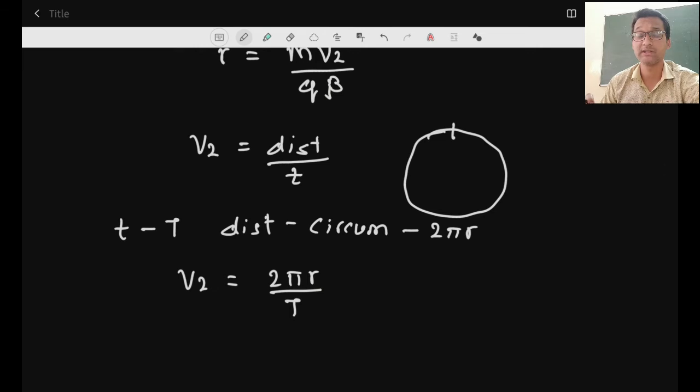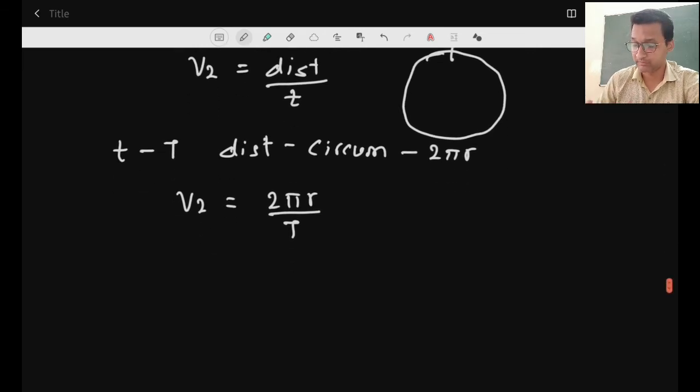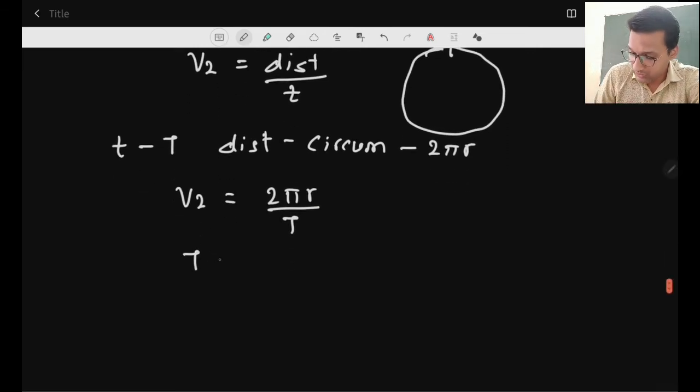It can also be called the period of revolution. So T will be equal to 2 pi r divided by this V2.